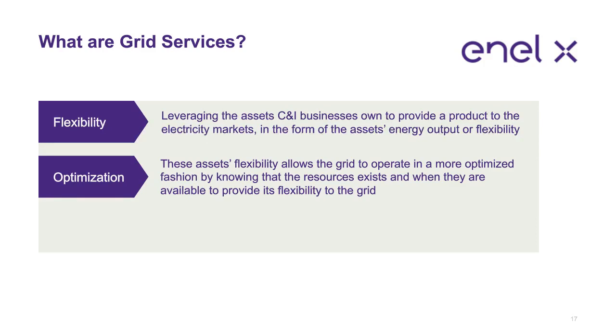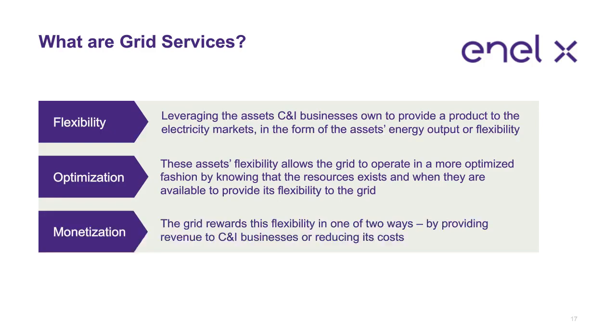And furthermore, by providing the service to the grid, these assets are now visible to the grid operator, which enables the grid operator to manage the system more efficiently. If I know Steve's steel plant can turn off its 100 megawatt arc furnace, I can call on that resource instead of unnecessarily asking another generator to turn on. So it's this optimization across assets that is really valuable.